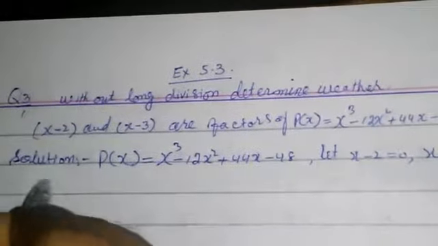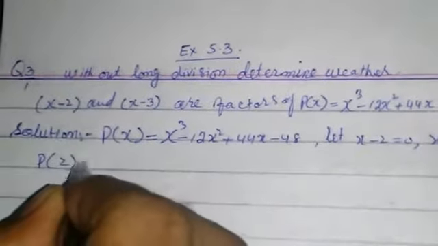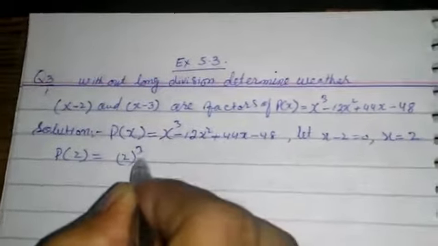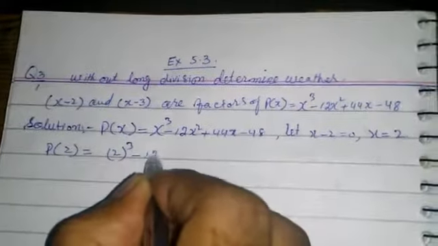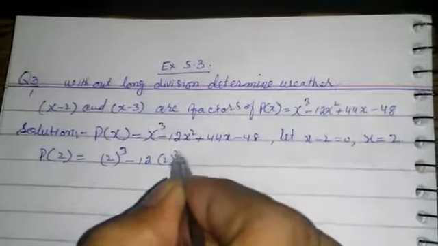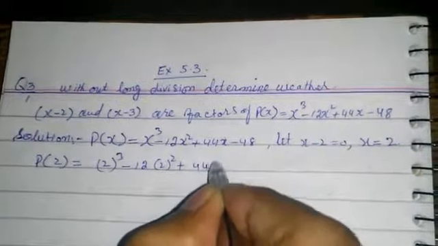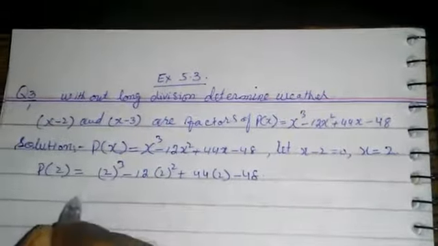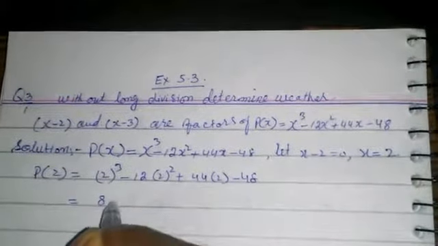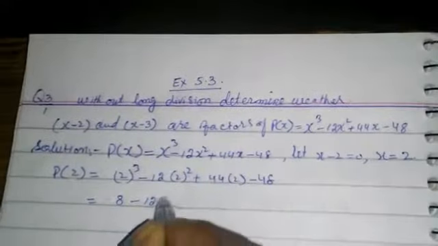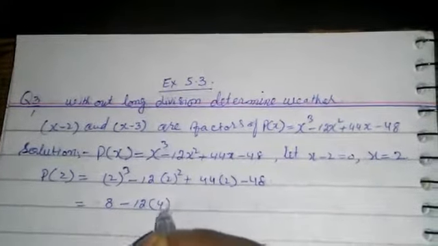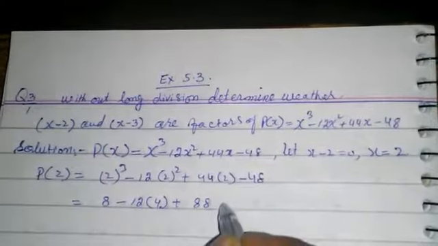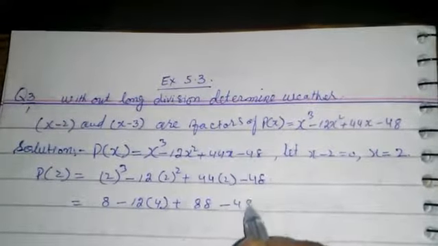Now try p of 2 is equal to 2 to the power 3 minus 12 into 2 square plus 44 into 2 minus 48 is equal to 8 minus 12 into 4 plus 88 minus 48.